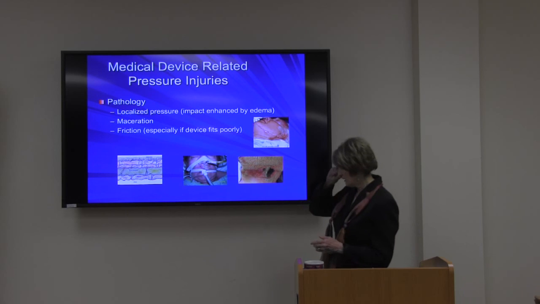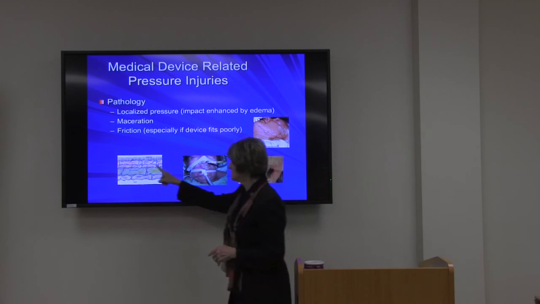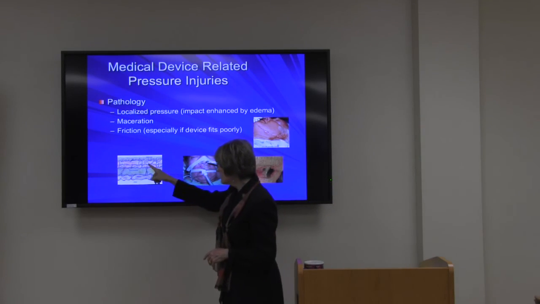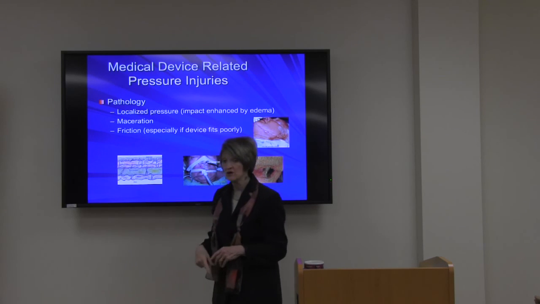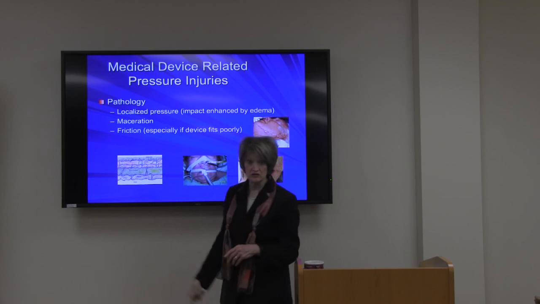And here's why. So you think about perfusion to the skin. So here's your epidermis, here's your dermis, here's your blood vessels. If you put a device right here and it compresses the tissue right here, it can literally collapse these blood vessels and shunt blood here and here. The deeper tissue layers are not affected.